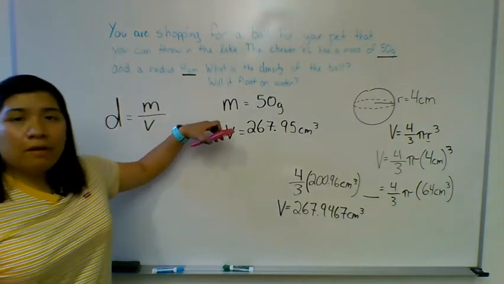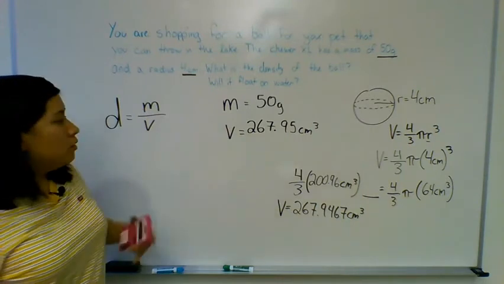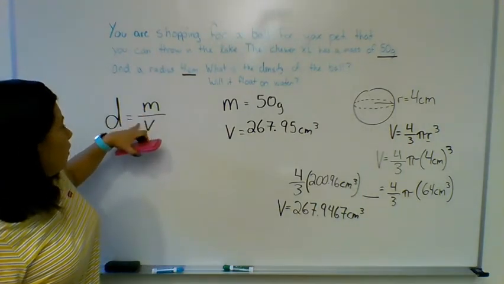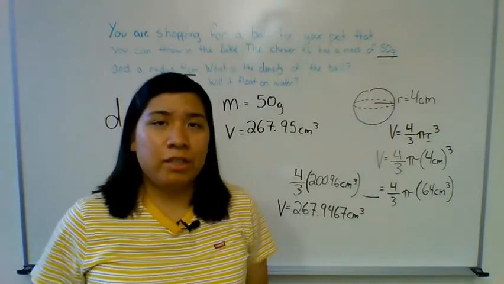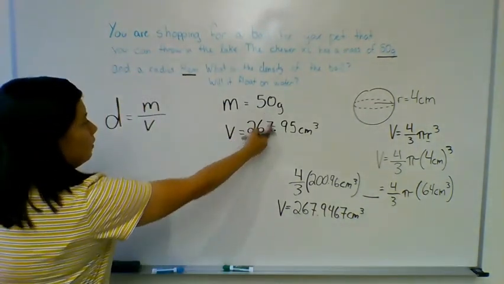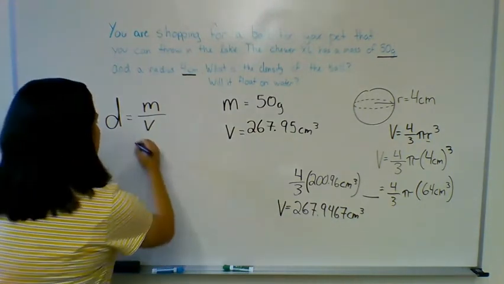Okay, so now you have the mass and the volume. So you know that for density, you need these two variables. So what are you going to do with them? Well, you're going to divide. So I'm going to divide 50 divided by 267.95.